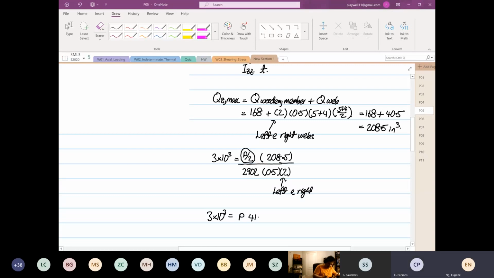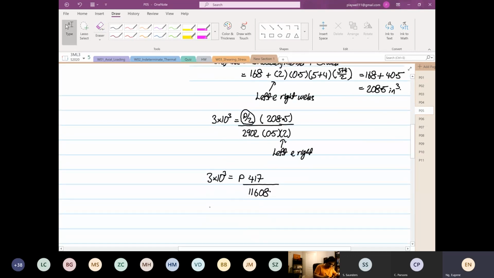So from here, your P is equal to 3 times 10 to the power 3 times 11608 divided by 417. It's equal to 83.511 times 10 to the power 3 pounds.